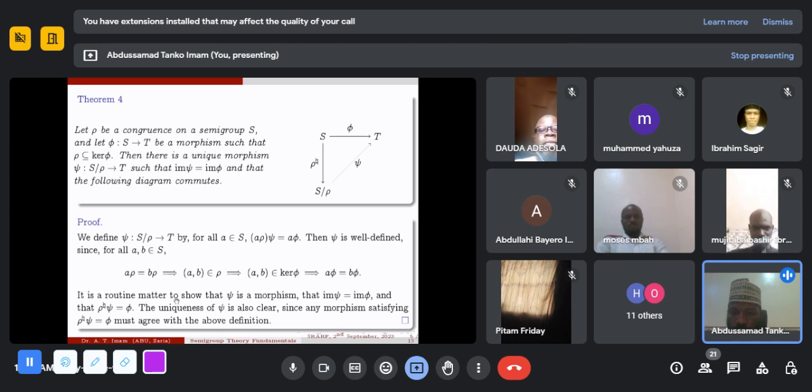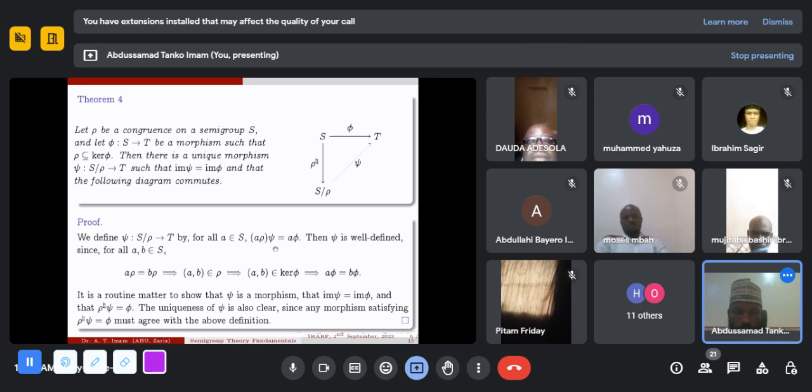I believe the proof is again routine, and it almost requires no extra explanation because it's almost what we have just discussed in the last theorem. If you define psi as we defined it the other time, the only difference between this proof and the last proof is the fact that rho there was the entirety of the kernel, but here rho is assumed to be contained in the kernel.